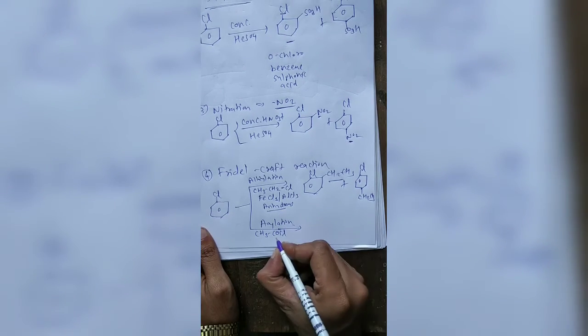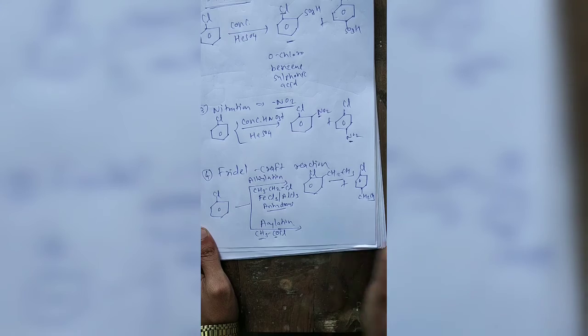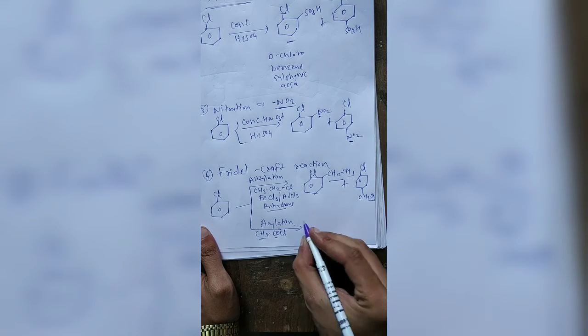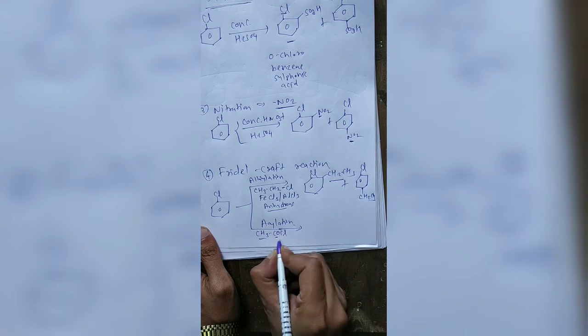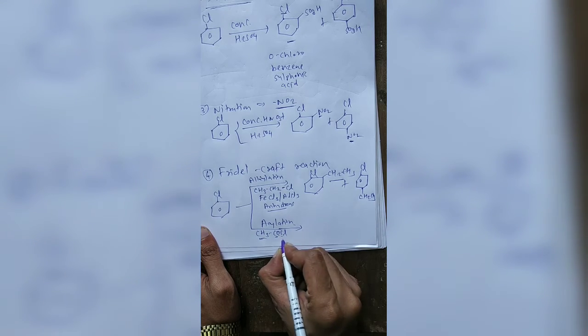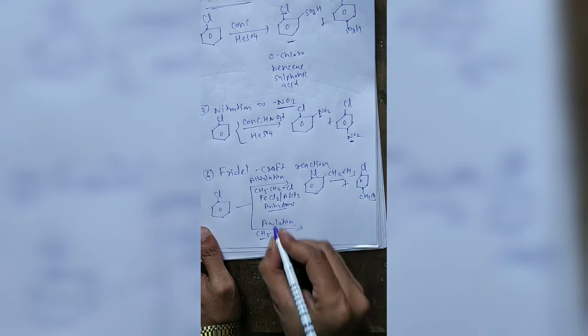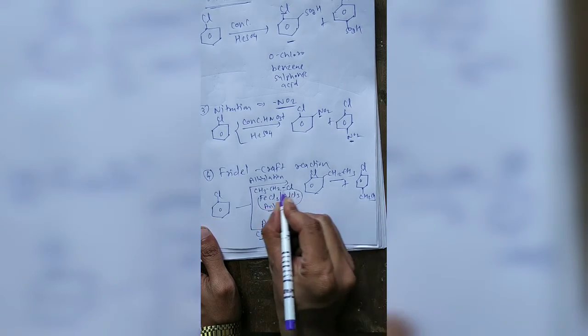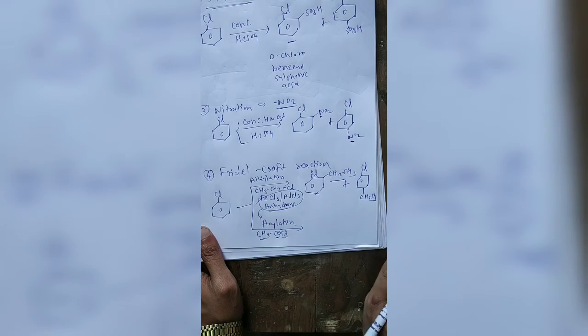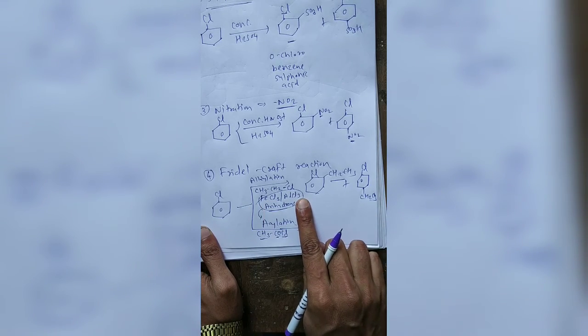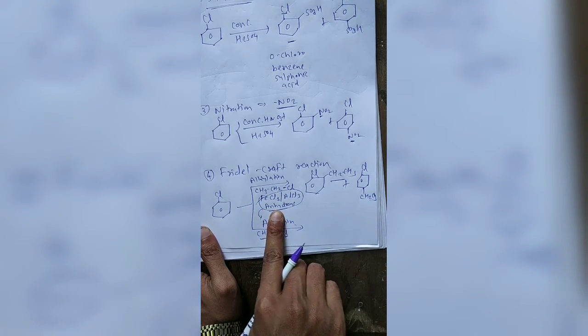Now in the acylation reaction, we want to enter the CH3CO group in the starting material. So what will happen here? CH3CO that we want to enter, so add Cl into it. This is our reagent, and the catalyst is the same here, FeCl3 or AlCl3, that too in anhydrous form.